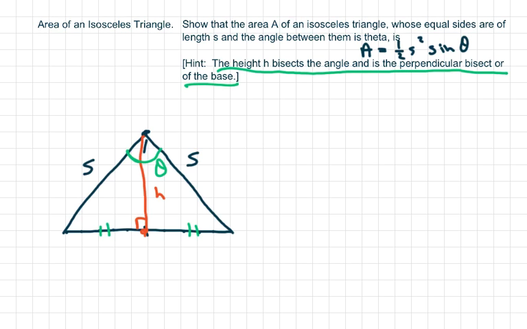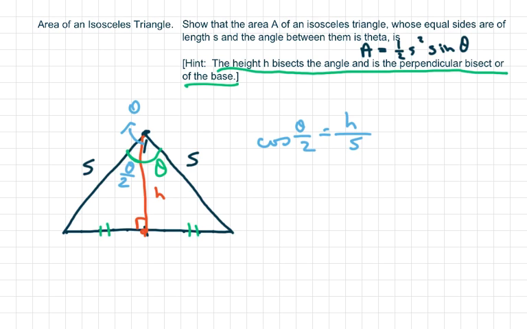So if you cut this in half, this is theta over 2. So this whole thing is your theta, and if you cut it in half, it's theta over 2. So cosine of theta over 2 equals adjacent over your hypotenuse.